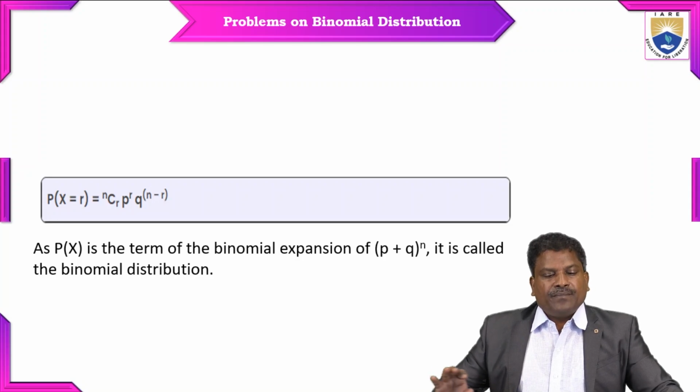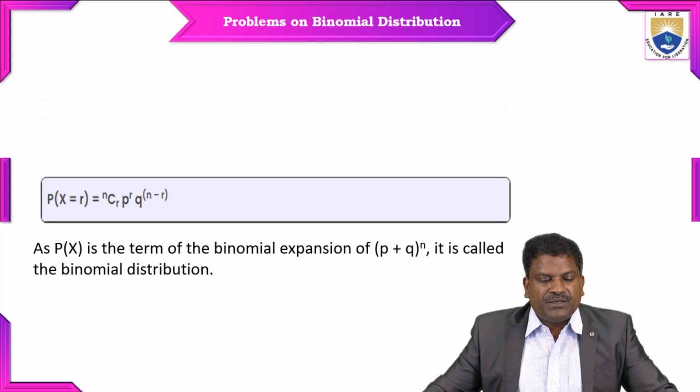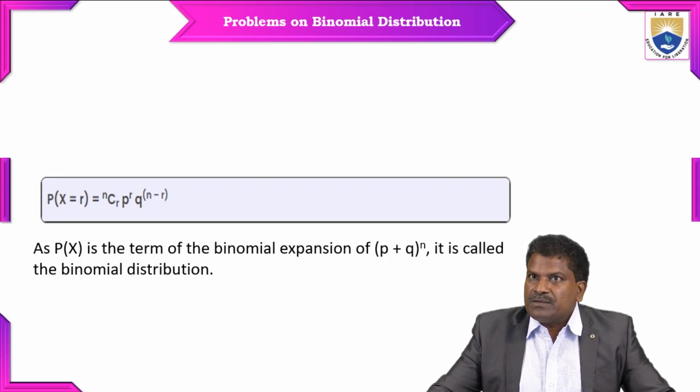Now let us see. In a binomial distribution, at the start of the topic I introduced the formula to find probability. Let P of x equal to r, where x is some random variable and r is small r, equal to NCR P to the power r into Q to the power n minus r.